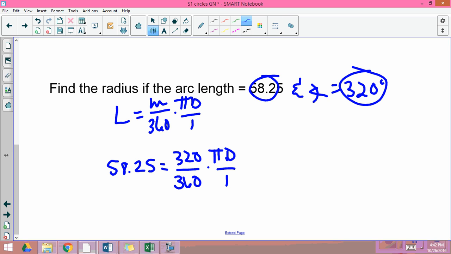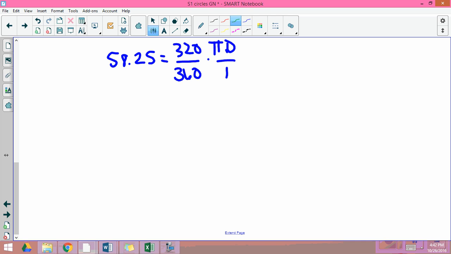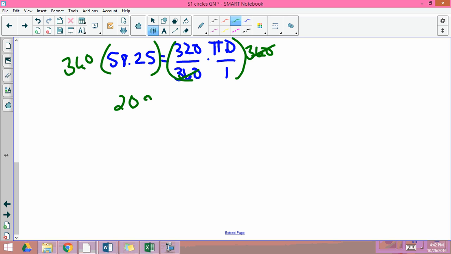So now it just becomes a matter of undoing. How do I undo division by 360? Multiply both sides by 360. So those two will cancel, and that makes this 2,970 is equal to 320 pi d.